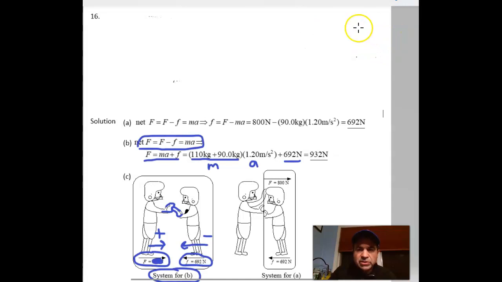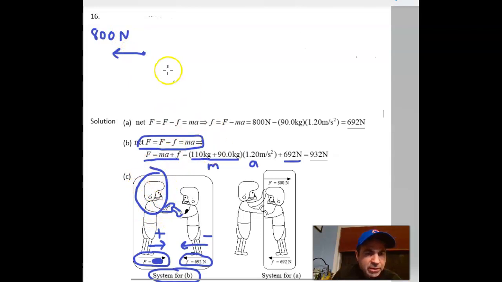So if you were analyzing just the larger player, I'll draw it in the same representation as shown right here. Now I'm modeling just the larger player, so that 800 Newton force felt by the smaller player pushing on him is now not an internal force, it's an external force because we're only modeling this player right here.